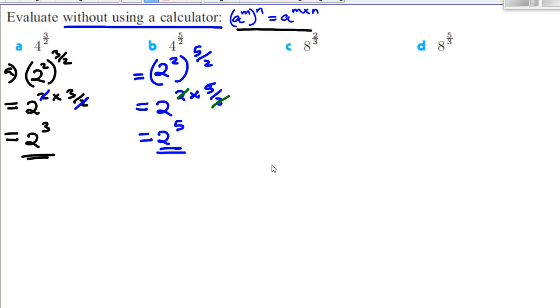So 2 to the power of 3, all to the power of 2 over 3, which will be equal to, we have a power over power, so we use this formula here to simplify the power over power. So 2 to the power of 3 multiplied by 2 over 3. Cancel these the way we did the previous questions, so we remain with 2 to the power of 2 as your final answer.